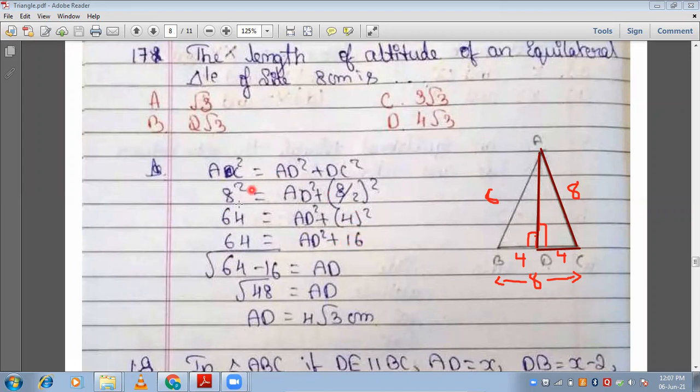If 16 is taken to the left hand side, it becomes 64 minus 16. Square is there, so take the square root of 64 minus 16, which is 48. Now split 48 as square root of 16 into 3. Square root of 16 is 4, so root 48 is 4 root 3 centimeter. So what is the value of AD? AD is equal to 4 root 3 centimeter.